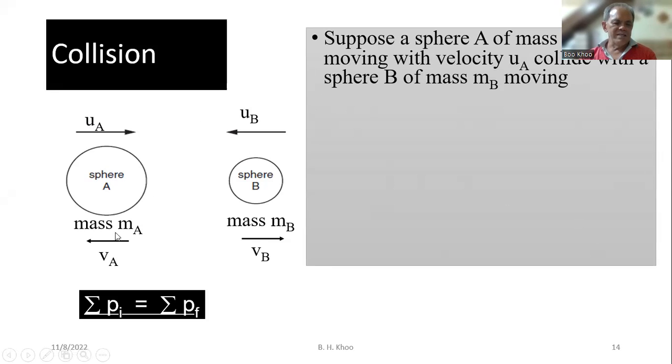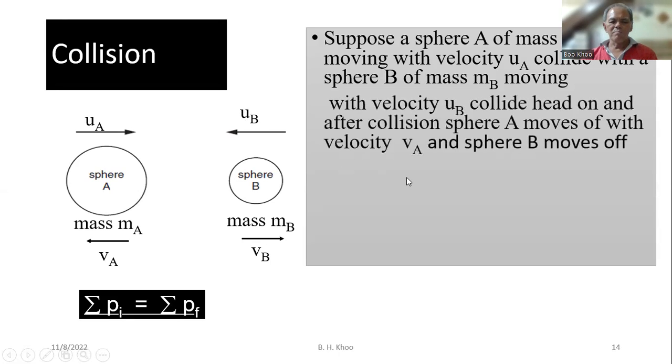Sphere A, mass MA, velocity UA, collides head-on with a sphere of different mass MB, which has initial velocity UB. After the collision, the spheres move off with velocity VA and VB. This is the velocity after collision, so A rebounds with VA, B rebounds with VB.